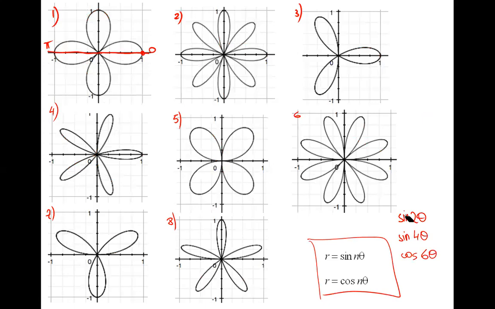If I see sine of 2 theta, the number of loops of my flower will be 4. If I see sine of 4 theta, the number of loops will be 8. If I see cosine of 6 theta, the number of loops will be 12. Okay, that means for an even number, we double for the graphing. But if we see an odd number, it stays the same.